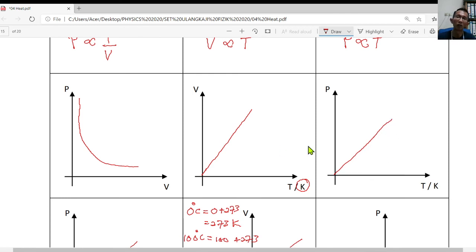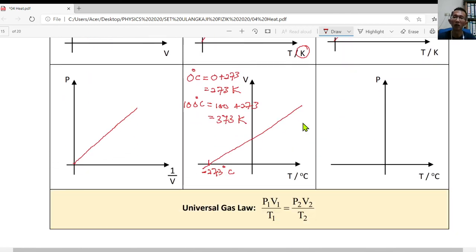Directly proportional. But if your temperature is in degrees Celsius, you will have something like this also, whereby it intersects the x-axis at negative 273 degrees Celsius. I hope you can follow the discussion.